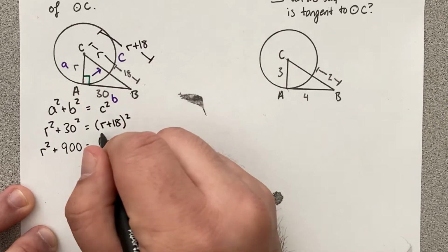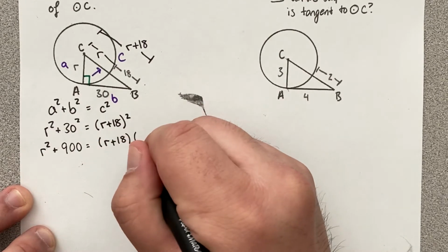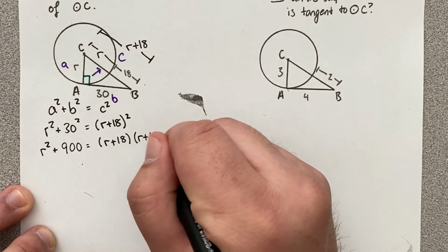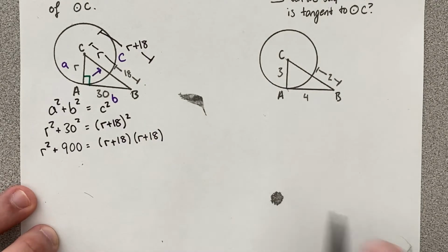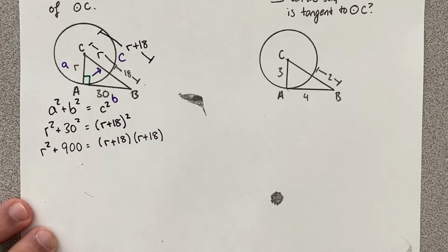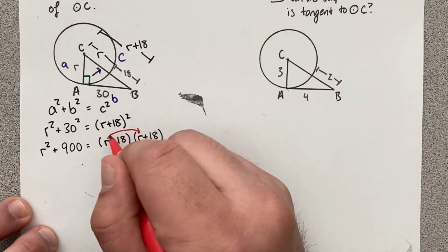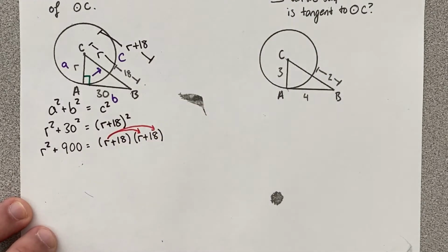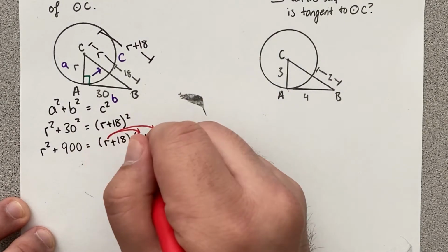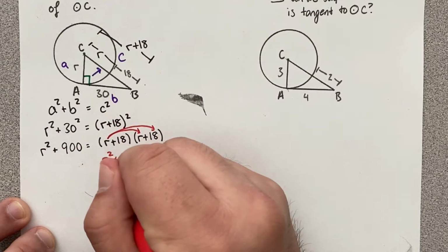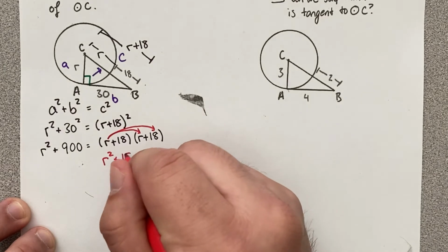So I can rewrite r plus 18 squared as r plus 18 times r plus 18. And now we can use the distributive property. I can take the r, multiply it by this r, take this r, multiply it by that 18. That r times r gives me r squared, plus r times 18 is 18r.